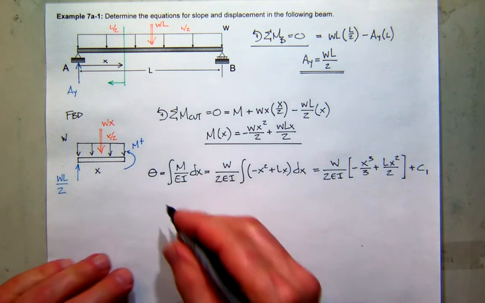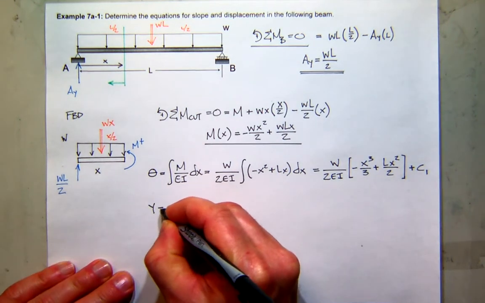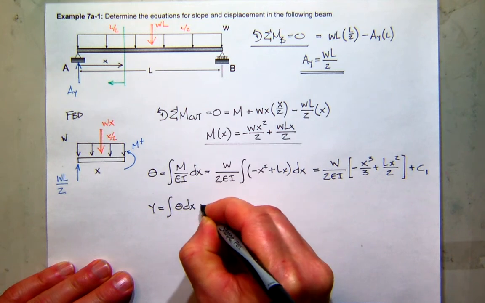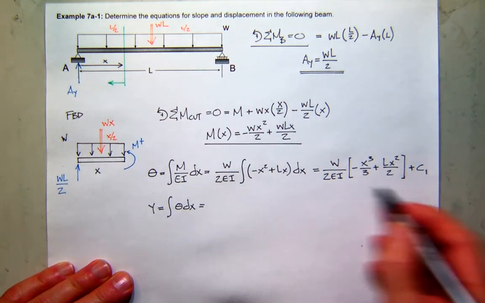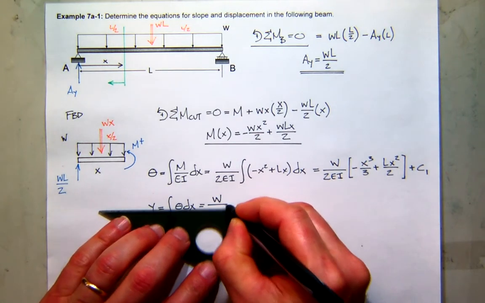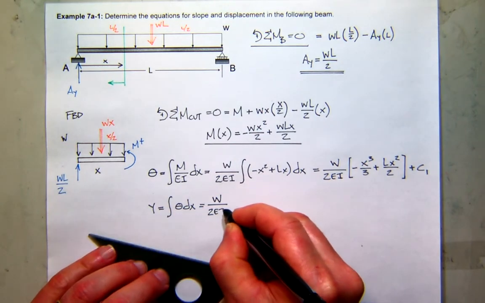So let's do that. I know displacement is the integral of slope. So let's integrate this equation one more time. What do we get? Well, that W over 2EI is still a constant.